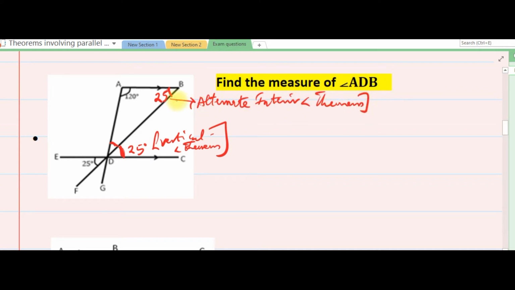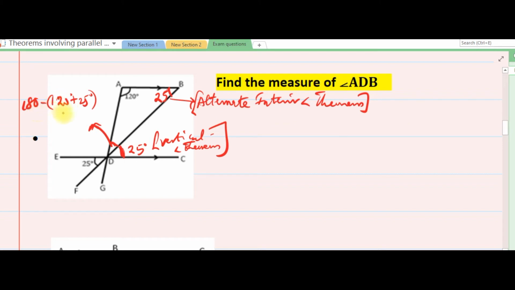The next thing is to get the remaining one, which is this, by angle sum theory. Therefore here is now 180 minus 120 plus 25, by angle sum theory for triangle. This is a triangle, so once you sum it, it must give us 180.